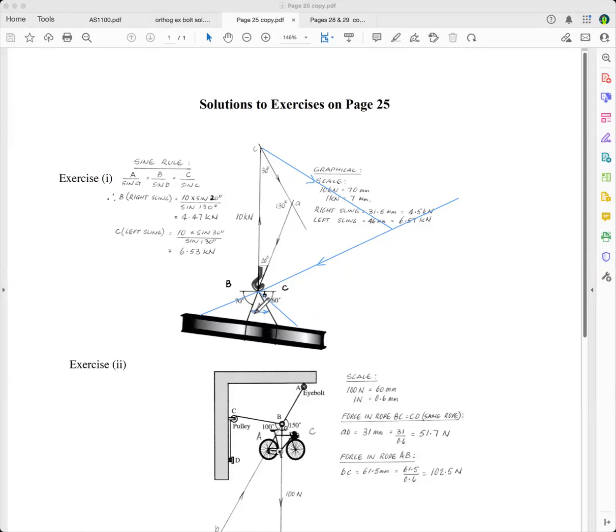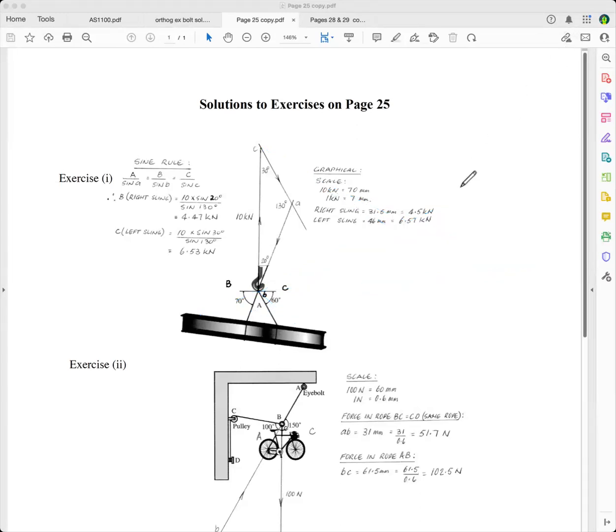And if you magnify this and you have it much greater than 60, you can see that the forces in those slings far exceed the weight force of the beam, and the force in the cable there. And so that's why you've got to make sure that you have that angle less than 60 degrees.